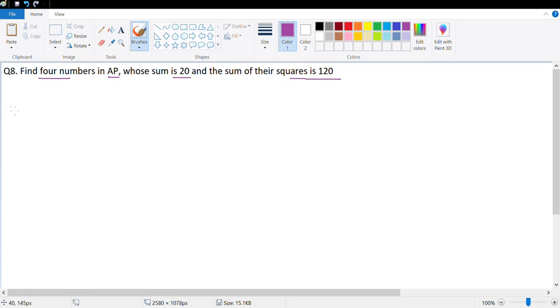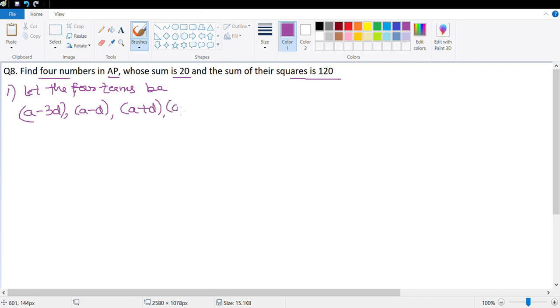Okay. Let the 4 terms be a minus 3d, a minus d, a plus d, and a plus 3d. As per the question, the sum of these terms is 20.